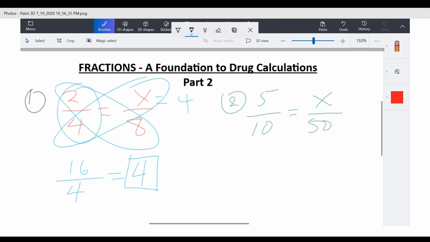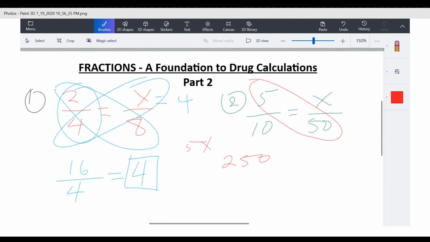What we're going to do here is the same as with the previous examples. I'm going to cross multiply number by number. When we do this, we should get 250. I got 250 from 5 times 50: 5 times 5 is 25, then you add a 0.